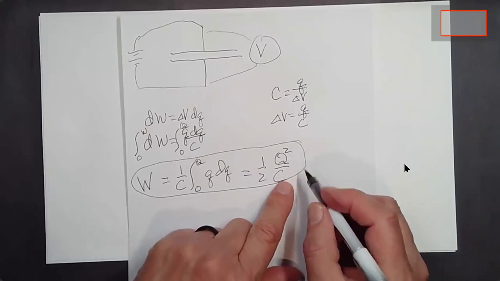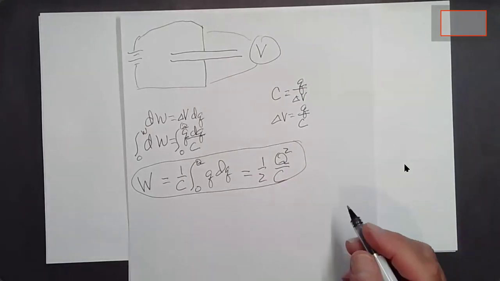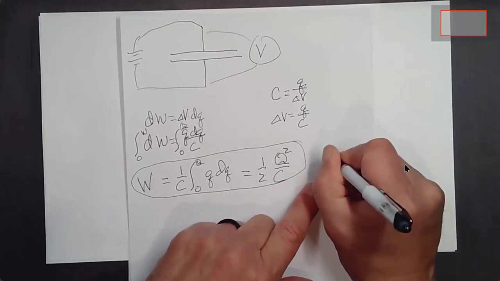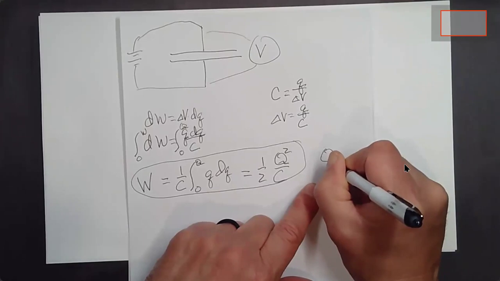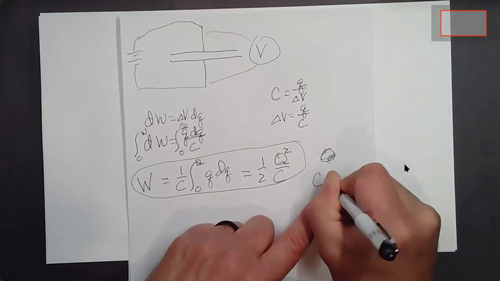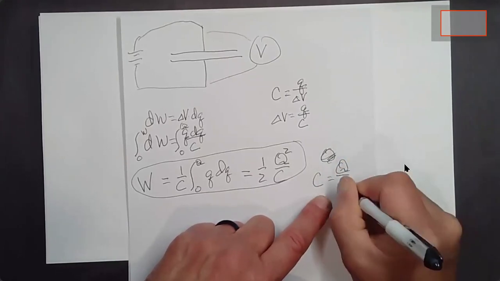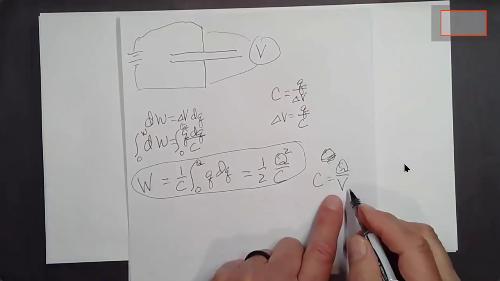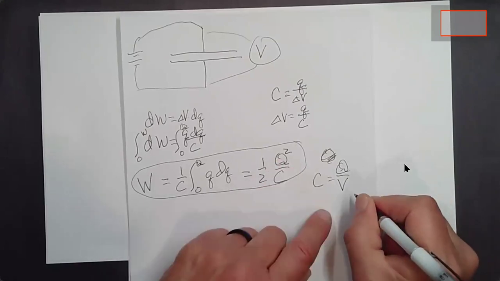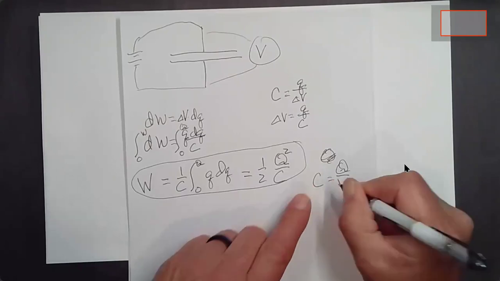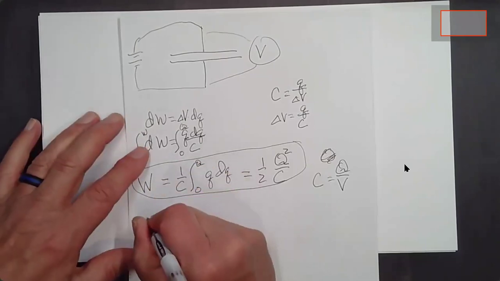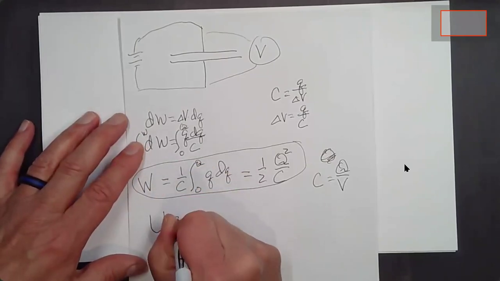Now I can write this a few different ways. For one thing, the capacitance is equal to the charge on it divided by that final potential difference, whatever it happens to be. And so I could replace Q with C times V, and I could write this amount of work. And by the way, I can stop calling it work and start calling it the energy stored in the capacitor.